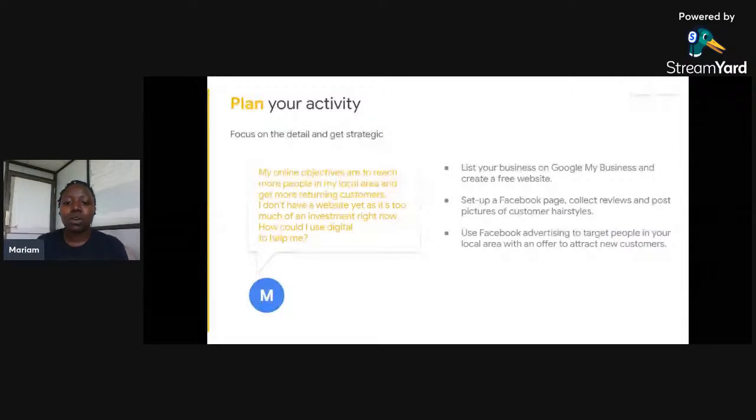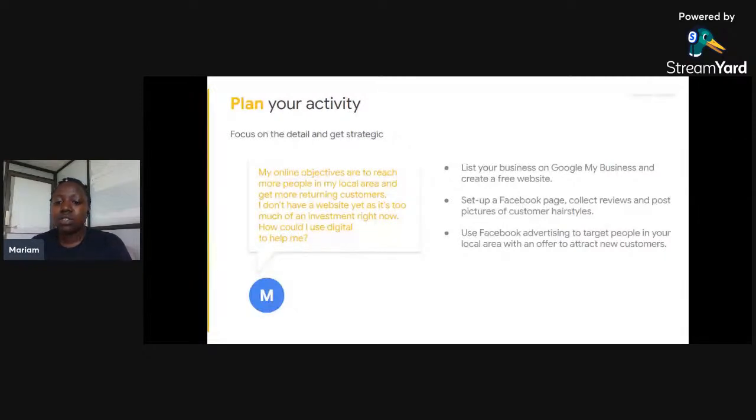Okay. So you can also set up a Facebook page. It will help you collect a lot of reviews. You'll post pictures, and you'll also engage with your customers, and they'll share views with you, telling you this is good, this is not nice, something like that, so that you can get even more insights into your business.